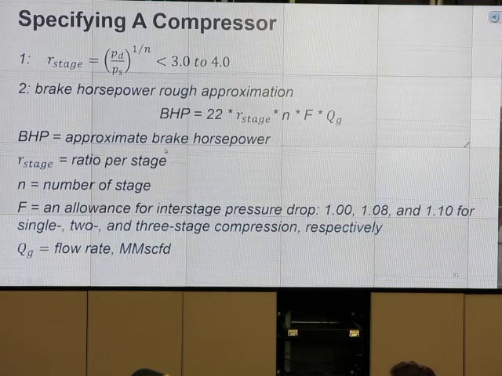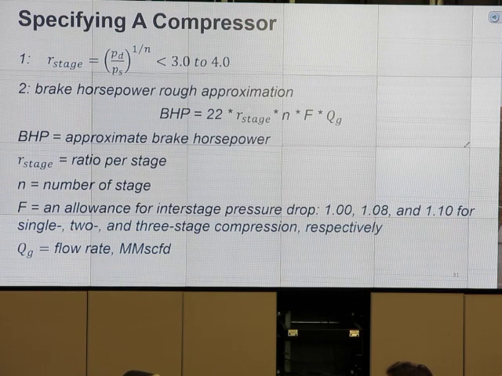Explain the difference between isentropic horsepower and brake horsepower, or hydraulic horsepower. For example, when you specify a pump or a compressor, you'll calculate the horsepower of fluids going through the machine. But to get to a brake horsepower, that's what you're going to have to buy.